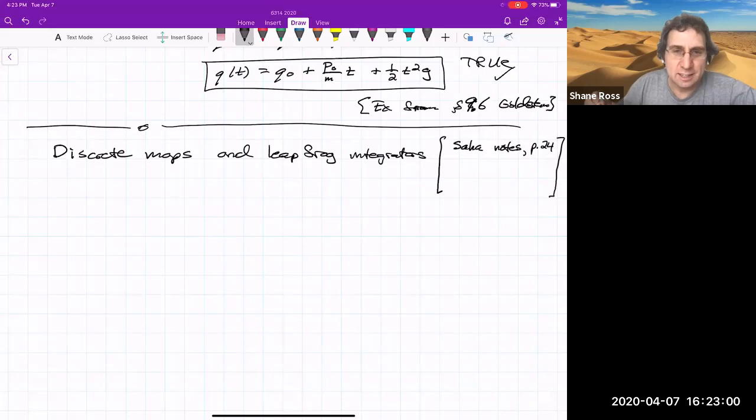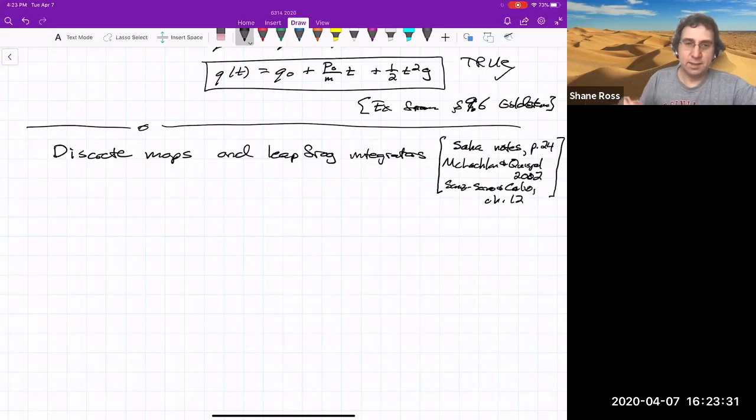There's also McClellan and Quizbull, or maybe it's McLaughlin, like the singer Sarah McLaughlin, I don't know. They had a 2002 paper. And Sanz-Serna and Calvo, that little numerical methods book for Hamiltonian systems, chapter 12.